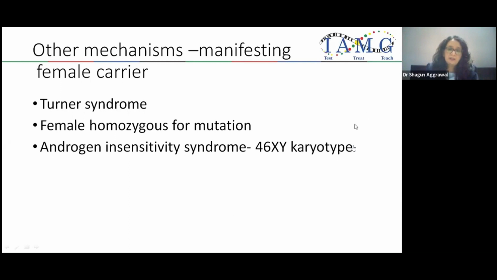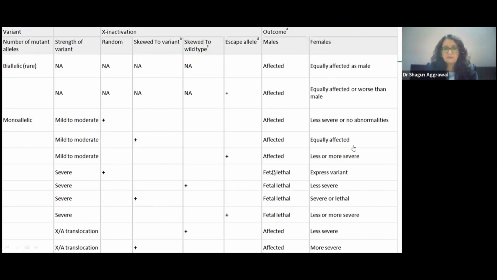Rarely you could have a female who has a mutation on both her X chromosomes, and you could have some rarer conditions like androgen insensitivity syndrome, whereby the chromosome complement is actually 46,XY. So again, you have only one X. Although the phenotype is female because of this condition, she is going to manifest the X-linked recessive condition.